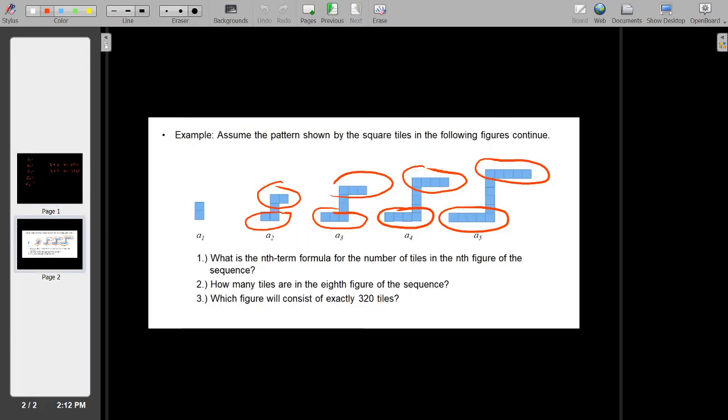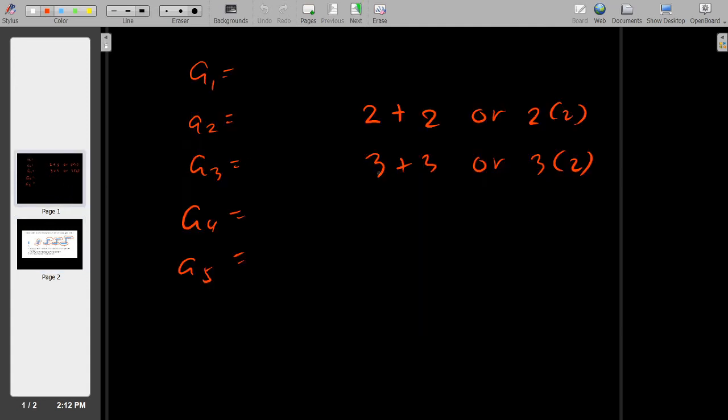In the fourth figure, you have 4 tiles in each of the horizontal section, or we can write it as 4 plus 4, or 4 times 2. And in the last figure, you have 5 tiles in each of the horizontal section, or we can write it as 5 plus 5, or 5 times 2.